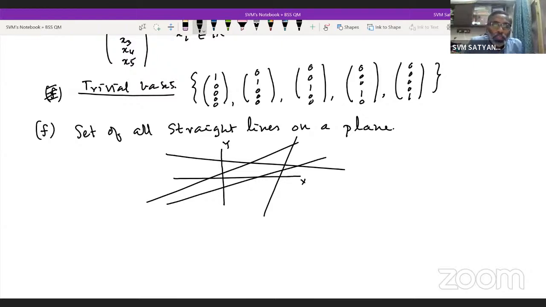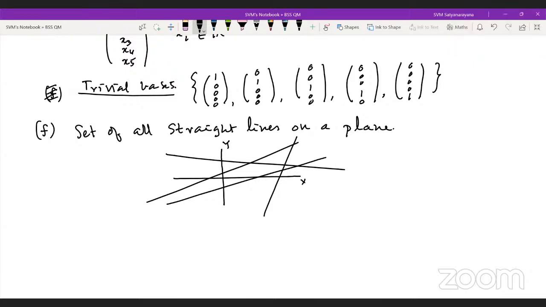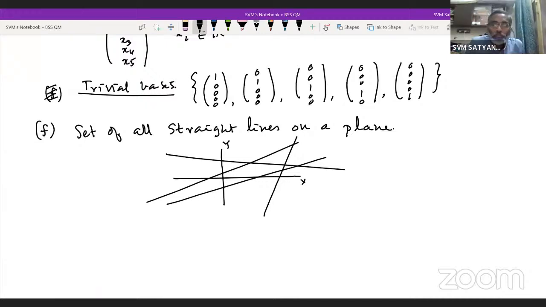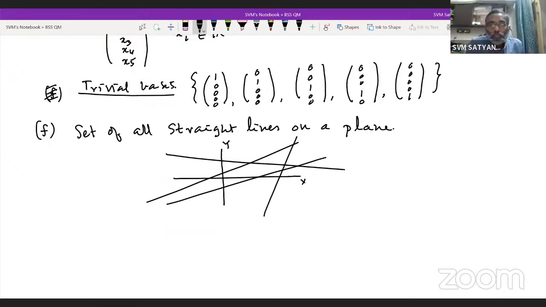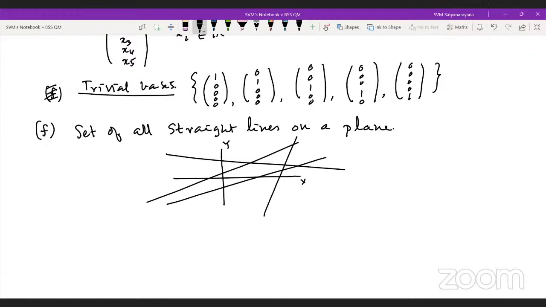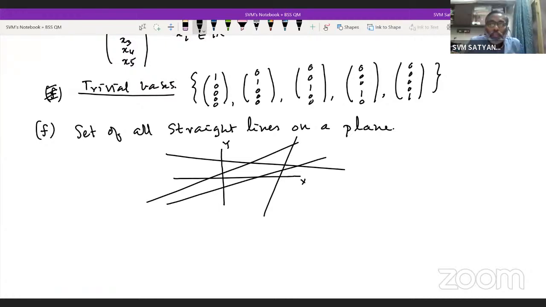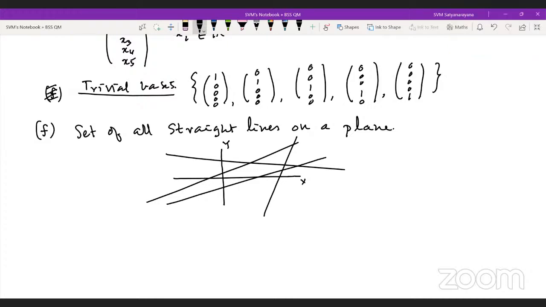Now to define a line, I require infinite x and infinite y values. All the values of x, all the values of y, I require to know. There are infinitely many of them I require to draw a line. Correct? Yes, sir.